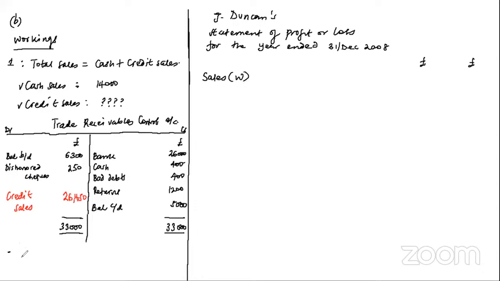So we can now get our total sales, which equals the cash sales of 14,000 plus the credit sales from this account, which is 26,450. When we add these two, we come up with our total sales figure of how much? 40,450.